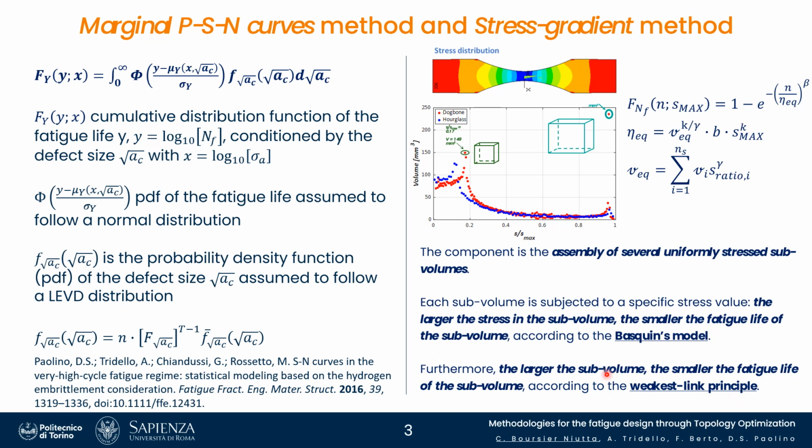So this methodology allows us to take into account the size effect typically seen in fatigue results. The fatigue life is modeled according to a Weibull distribution, and here again, by defining the quantile and the number of cycles, you can calculate the maximum stress, the fatigue strength of the component.